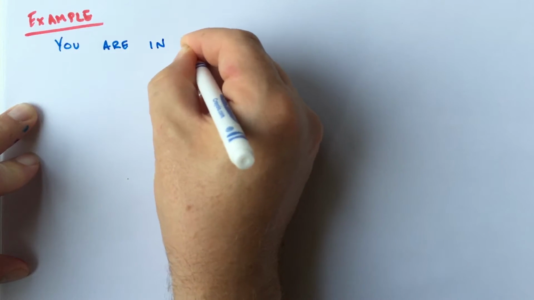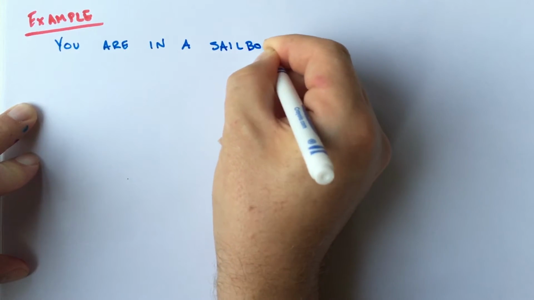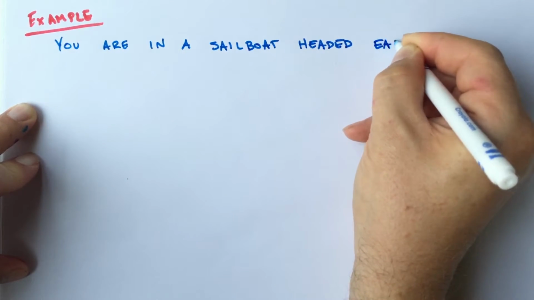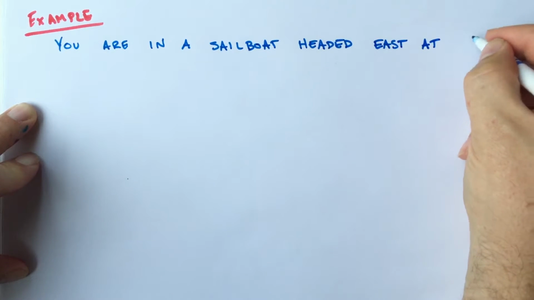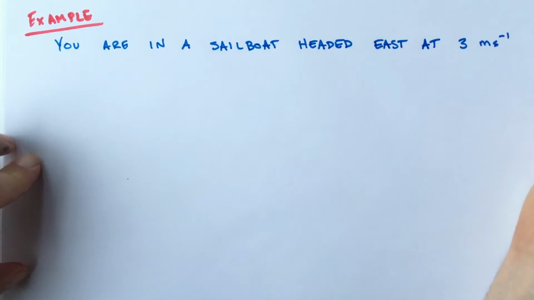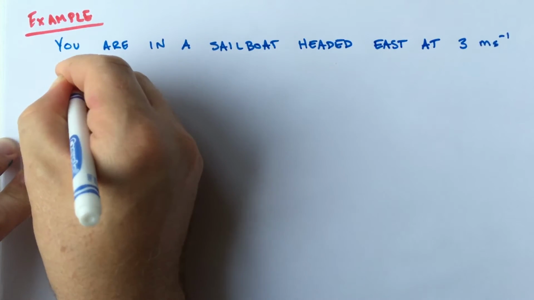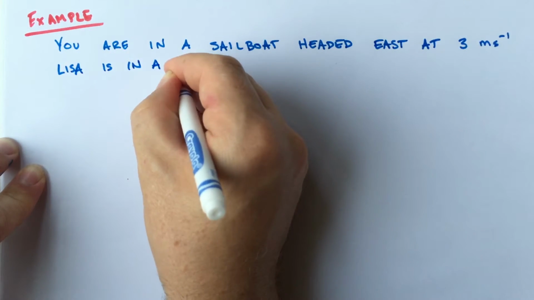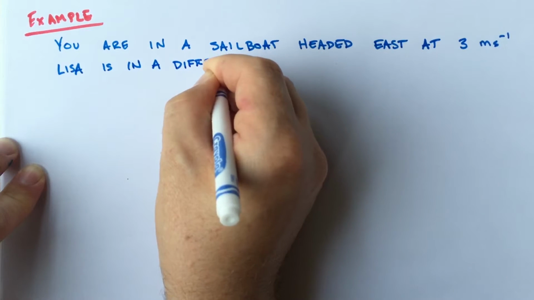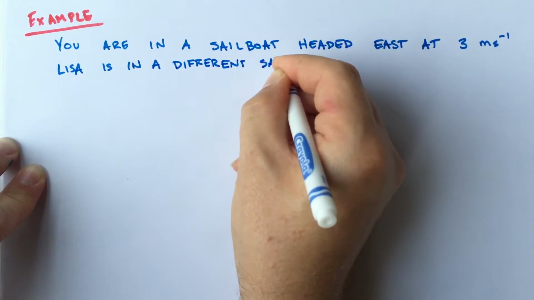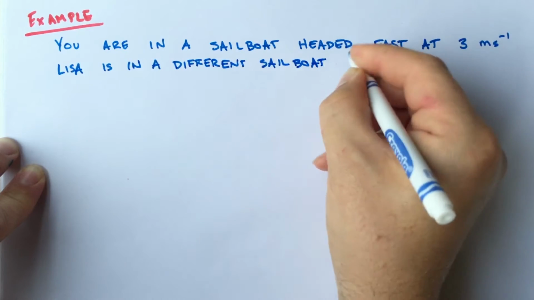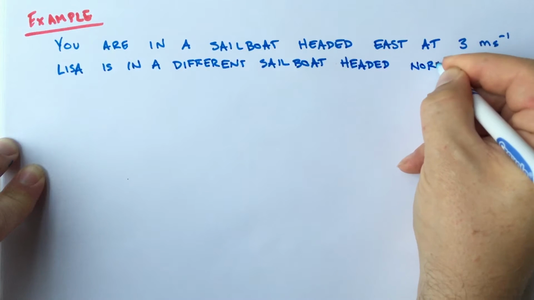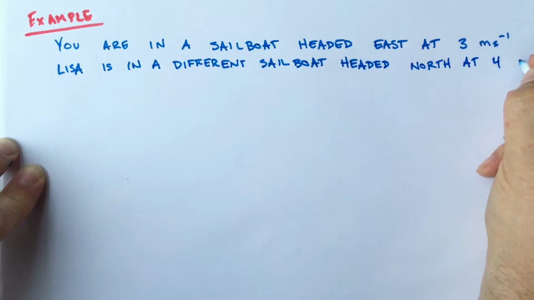You are in a sailboat headed east at, let's say, 3 meters per second. Lisa is in a different sailboat headed north at 4 meters per second.